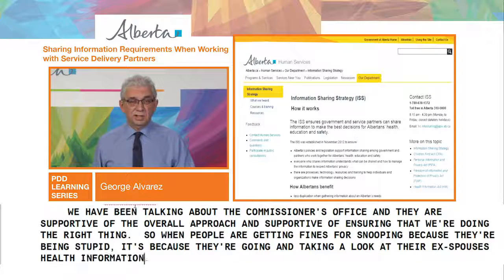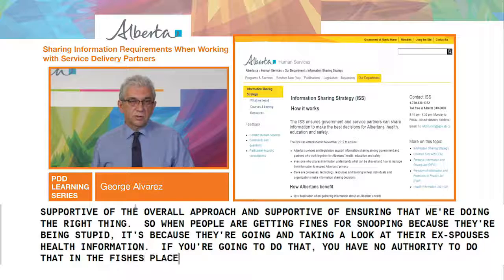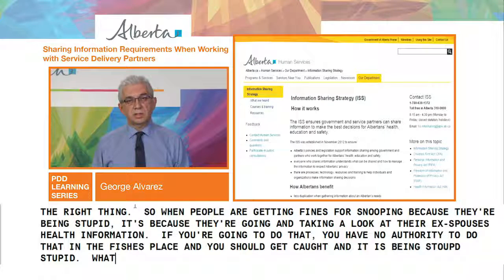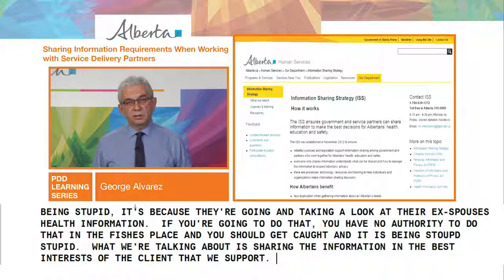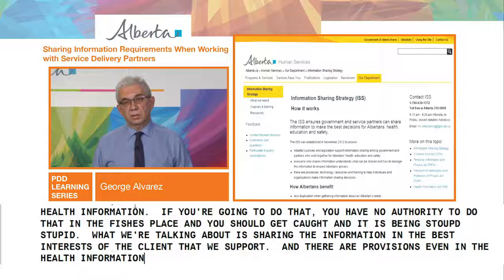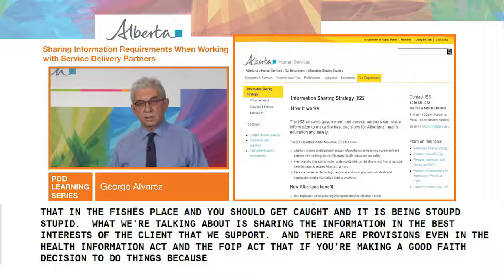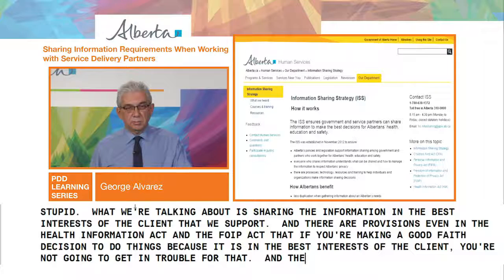If you're going to do that, you have no authority to do that in the first place, and you should get caught, and it is being stupid. What we're talking about is really sharing the information in the best interests of the clients that we support. And there are provisions even within the Health Information Act and the FOIP Act that if you're making a good faith decision to do things because it is in the best interest of the client, you're not going to get in trouble for that. And the Commissioner's Office is not going to come after you.